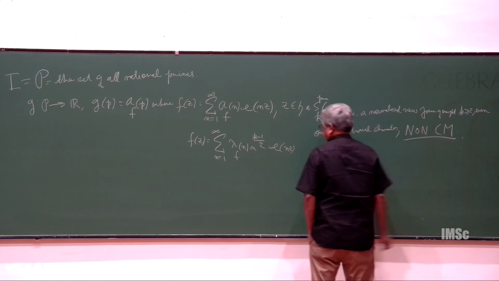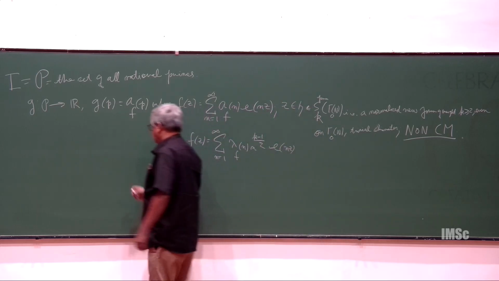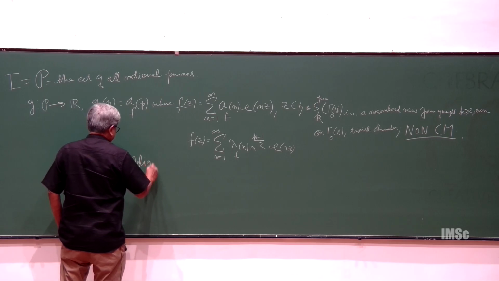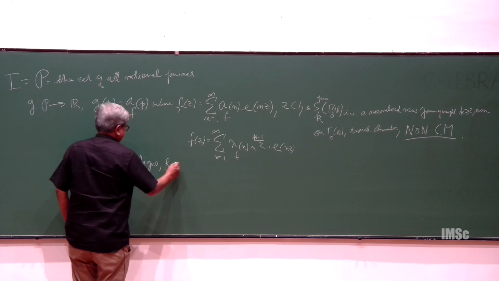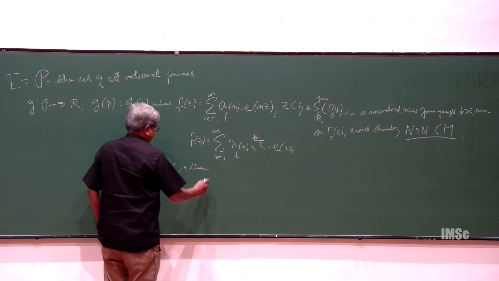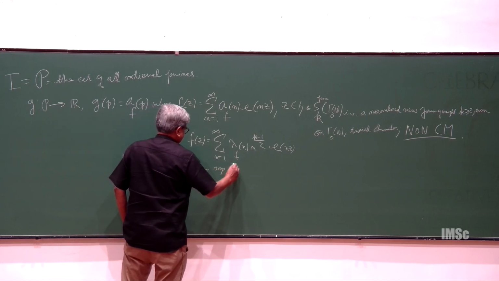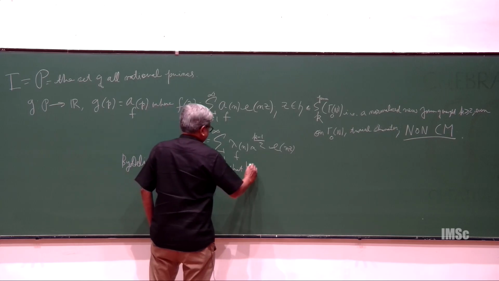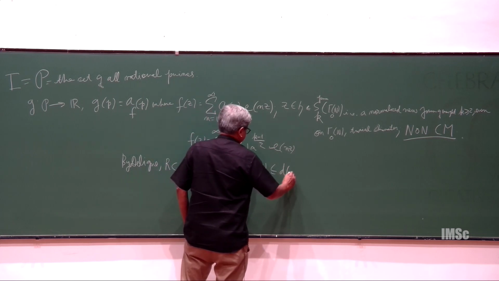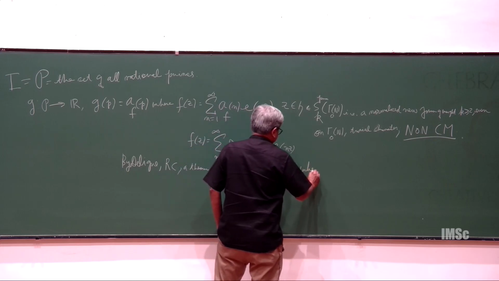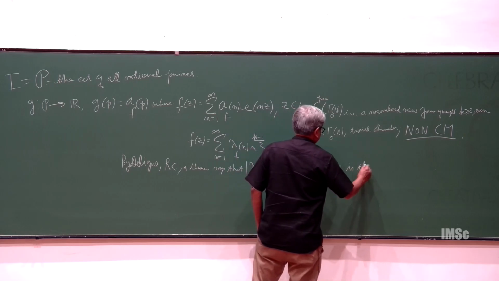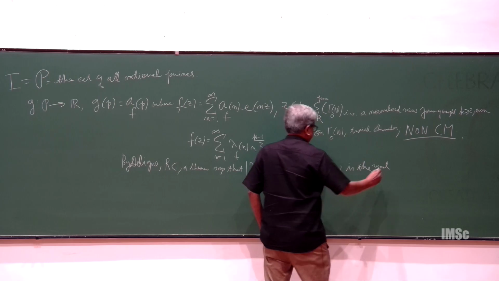This is important. Why? Because by Deligne, the Ramanujan conjecture, which is a theorem, RC, a theorem, says that mod lambda_f(n) is less than or equal to d(n), where d is the usual divisor function.